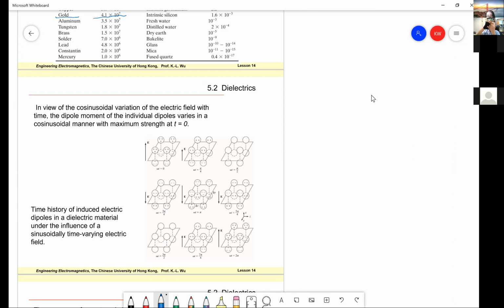I'm talking about one nucleus, and we have many, all moving in the same fashion. So the positive and negative charges move slightly apart, forming what we call a dipole.